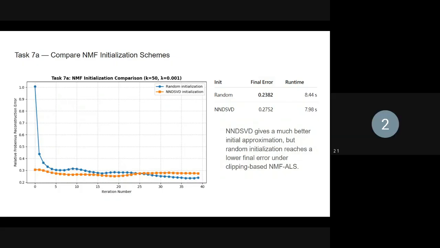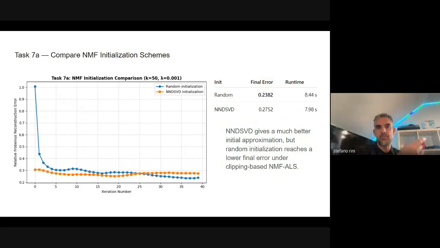We can see the random one has more error at first, but it does well when the iteration number increases.